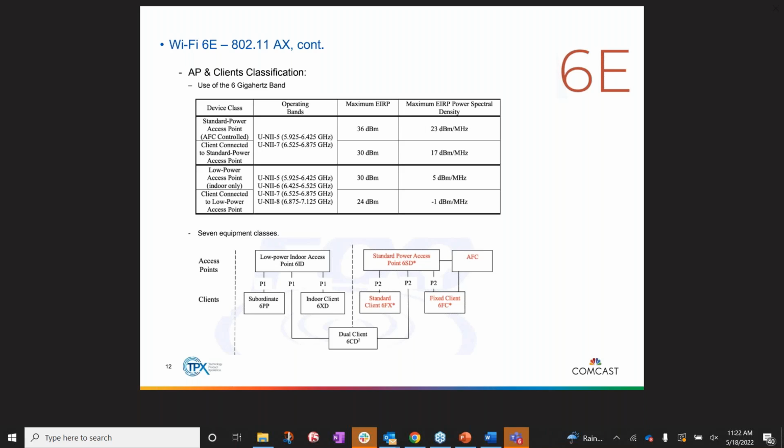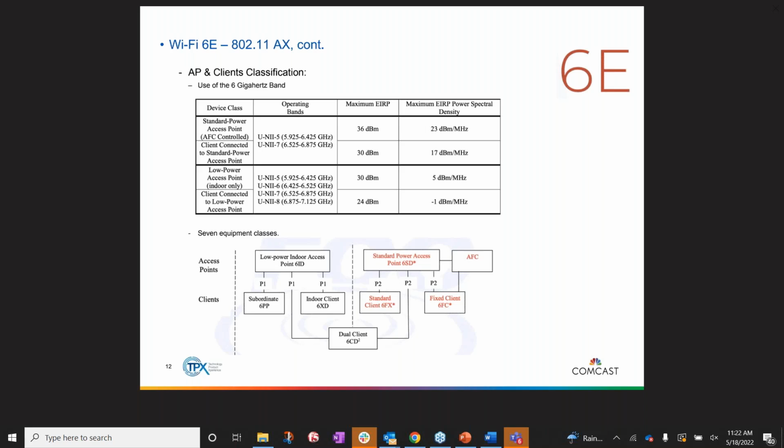Here, 30 dBm when AP, we can put the AP in 320 megahertz mode also, but if it is operating as 160 megahertz, then the power level can come down to 21 dBm. And the client connected to low power indoor can operate at 24 dBm, and the same represented in PSD is -1 dBm per megahertz.